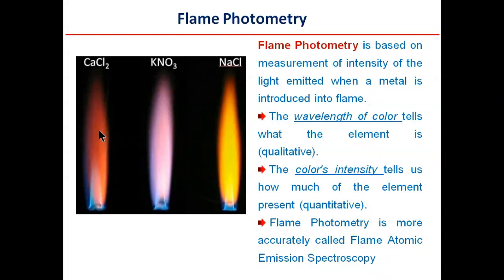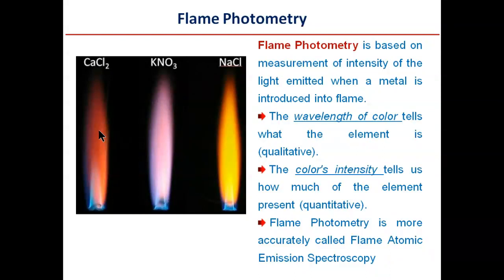There are two parameters when we talk about the emitted light. One is the wavelength of the emitted light, and the other is the intensity of the emitted light. Based on this, we can have qualitative as well as quantitative analysis of the elements present in a sample mixture.